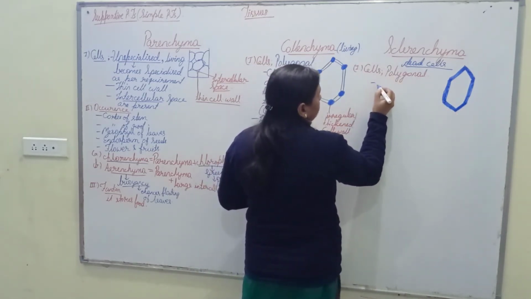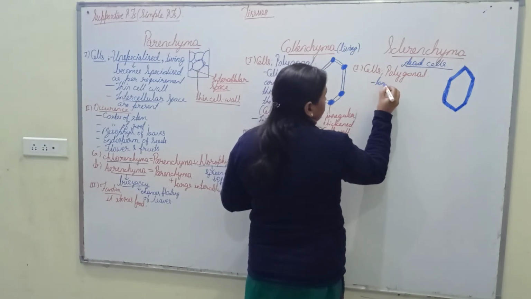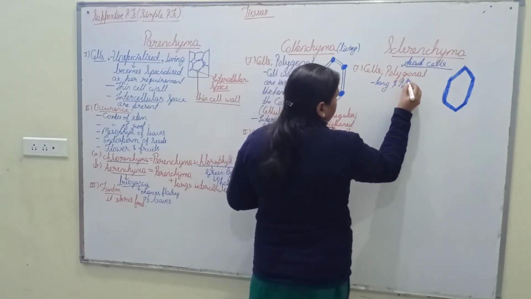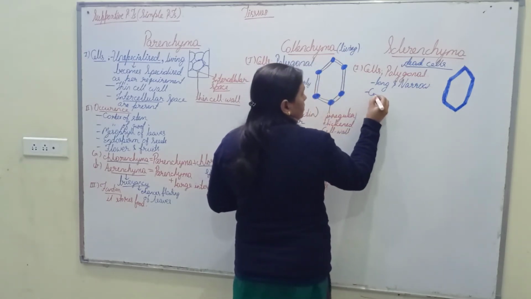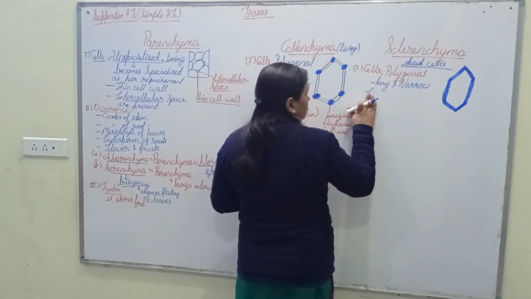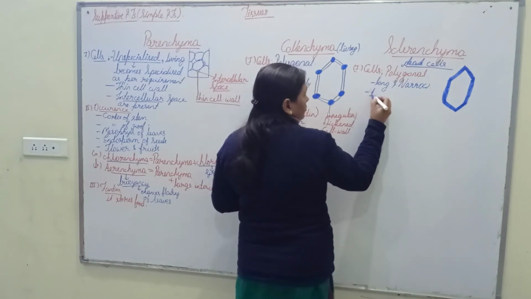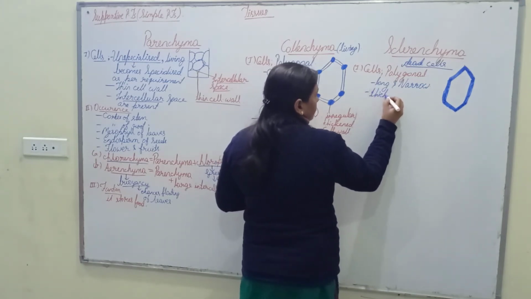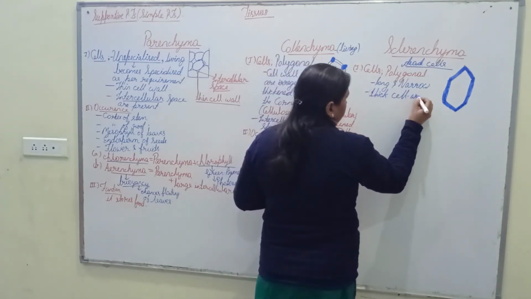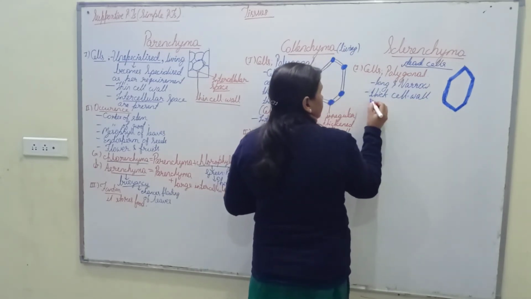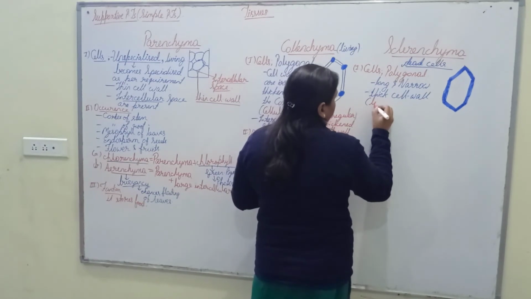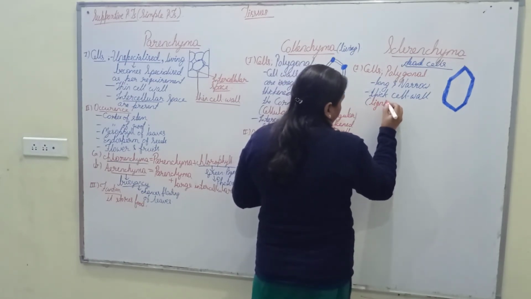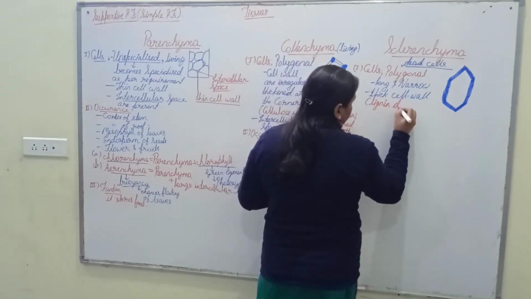Cells are polygonal, long and narrow, with a thick cell wall.